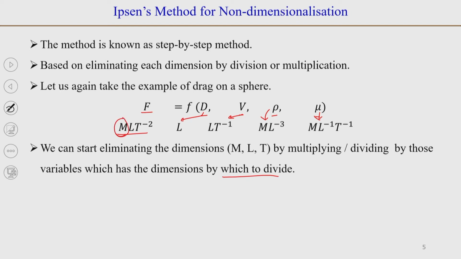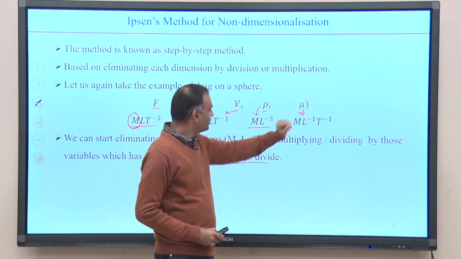We can choose density and divide by density all those variables which contain m. So, we can divide f by density. So, f by rho. These two variables d and v do not have m there, so we do not divide them. Then rho by rho becomes dimensionless, we do not need to consider it anymore, and mu by rho.